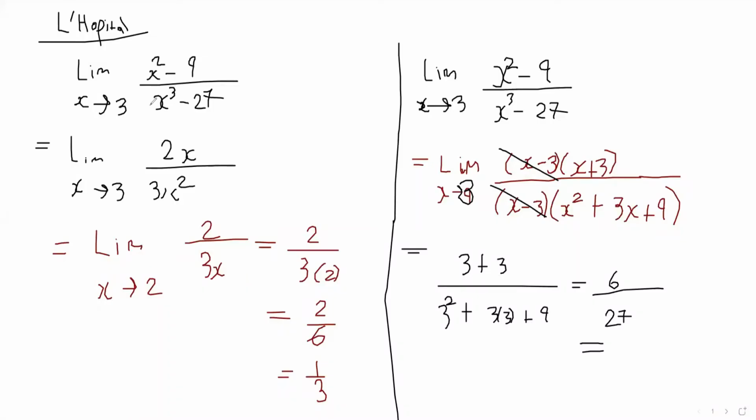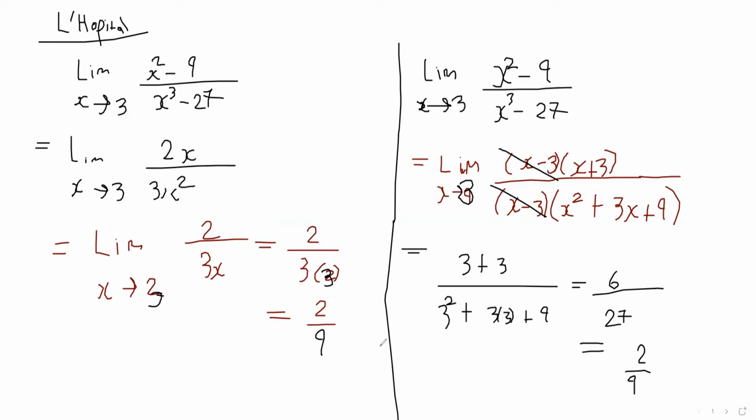Let's look at why. This is 3x squared, this is 2x, and x gone, giving 2 over 3x. Oh, x was 3, so I made a mistake there. This is 3 times 3, which is 9, so it's 2 over 9. It should have been 2 over 9, so we get the same answer.